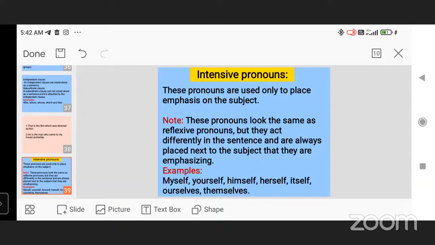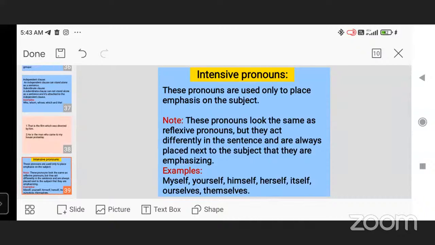They themselves have completed the work. So it is called intensive. It comes along with a noun, okay, it comes along with a pronoun. So see here, these pronouns look the same as reflexive pronouns, but they act differently in the sentence and are always placed next to the subject that they are emphasizing.